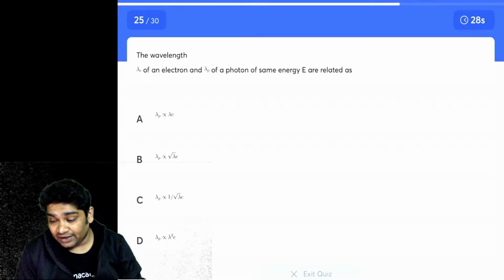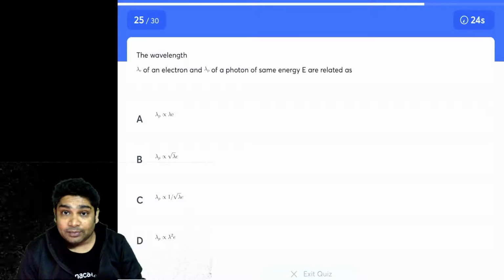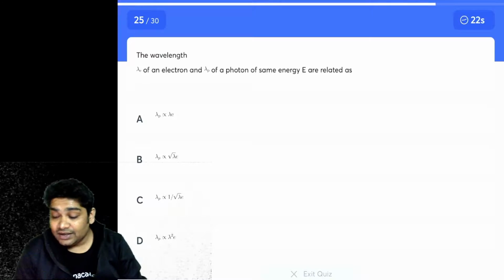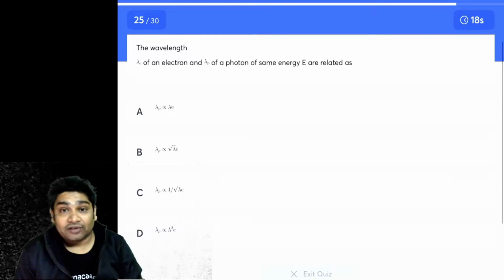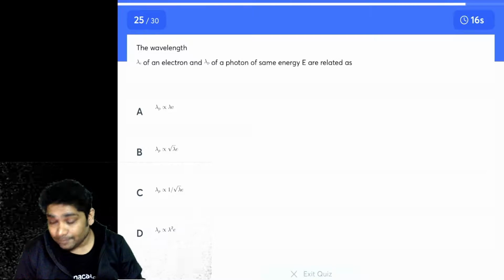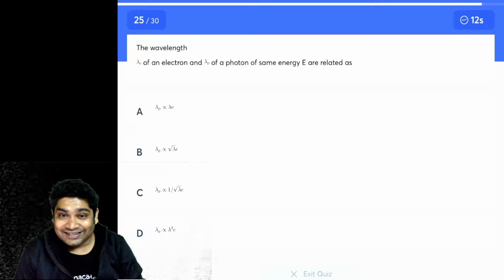Is it going to be A, lambda P directly proportional to lambda E? B, lambda P directly proportional to root of lambda E? C, lambda P directly proportional to 1 over root of lambda E? Or D, lambda P proportional to lambda E squared?